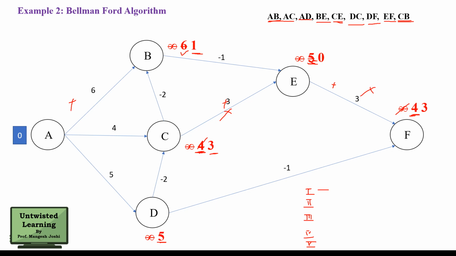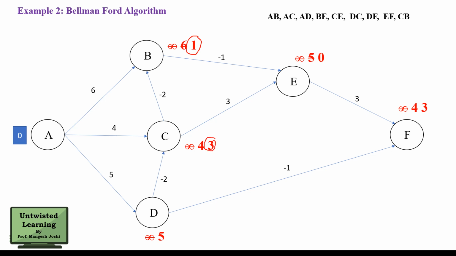Again, start with iteration 2, the same procedure. That is A to B, 0 plus 6. I will highlight the values we obtained after one iteration.